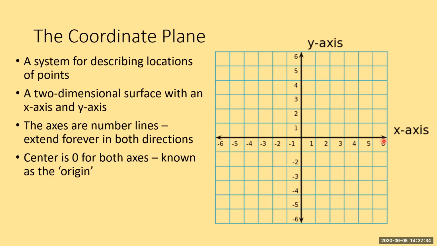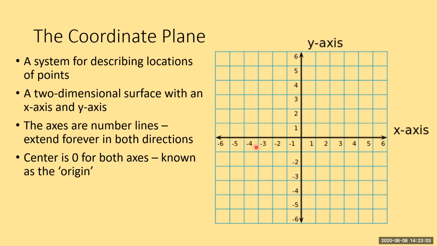The horizontal axis is almost always going to be called the x-axis, and the vertical number line is almost always going to be called the y-axis. There's no particular reason why we choose the letters x and y. It's just historically done that way, since the person who developed the system made that choice. So we just decided to give them the names x-axis and y-axis.